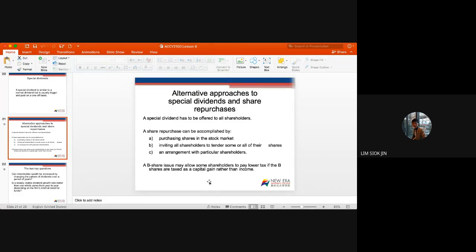So whatever profit they generate should go back to the owner. So whatever profit they make is given back to the owner in the form of dividends. So that's why this topic, dividend, is a very, very important thing for business owners, and companies as well.